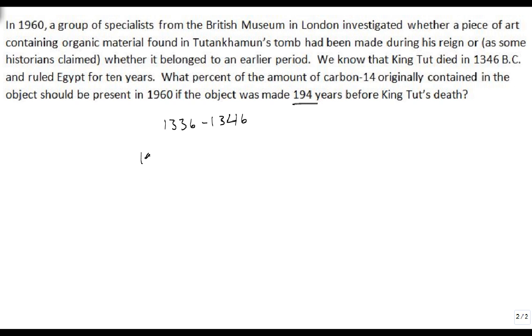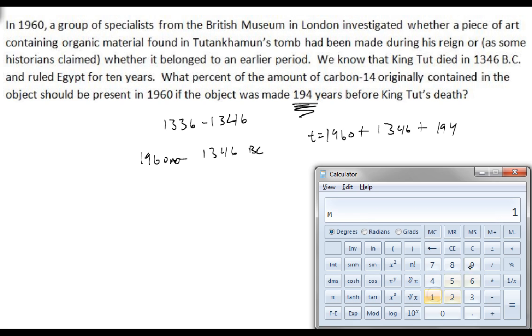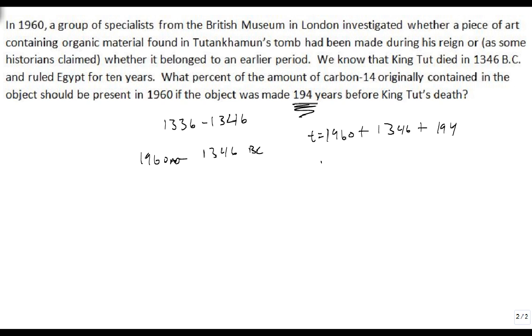So from 1960 to 1346 BC, this means we have 1960 plus 1346, plus we want to take into account this additional 194 years, so that's my t. So 1960 plus 1346 plus 194 gives me a t of 3,500.